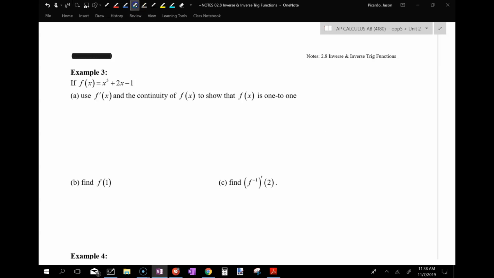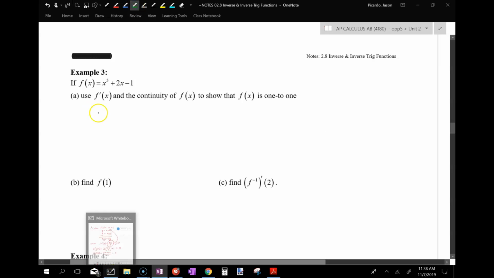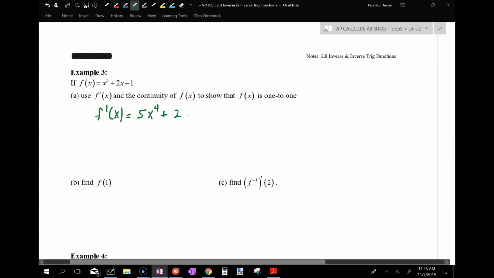So watch what we're going to do. I'm going to take my derivative, and I'm going to get this. Okay, Gould, ready? If I plug in 0, what do I get? 2. If I plug in -1, what do I get? 7.